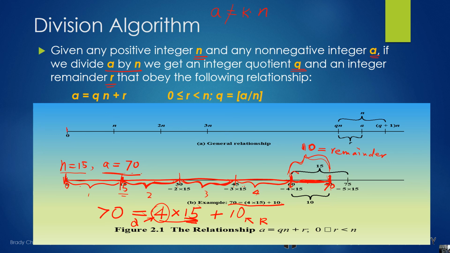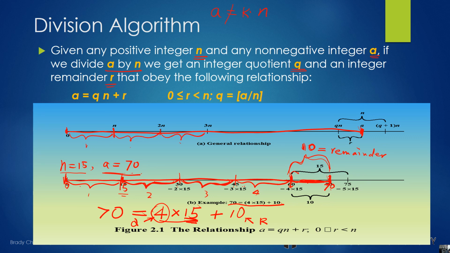Now we're talking about a piece whose size is a. We want to divide a by n, so we cut it into a fragment of length n, cut another fragment of length n, and another fragment of length n.